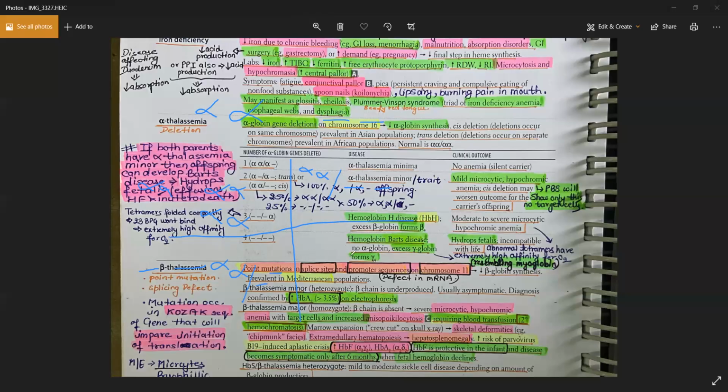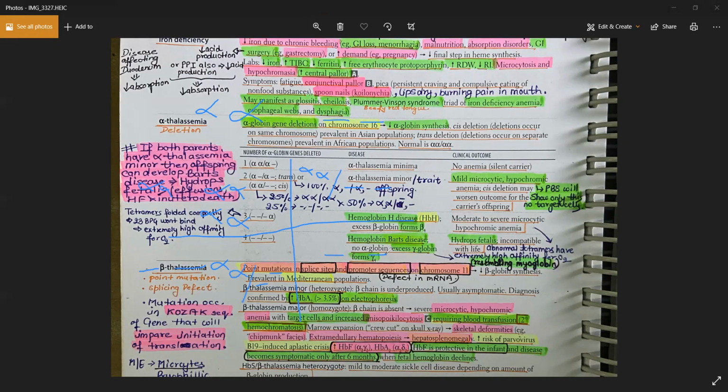And again the absent cases, right? So 50% chances of being a cis carrier, having alpha thalassemia minor with cis type, 25% chances of having a normal baby which contains all 4 alpha genes, and 25% chances of not carrying any of the alpha chain or alpha gene.